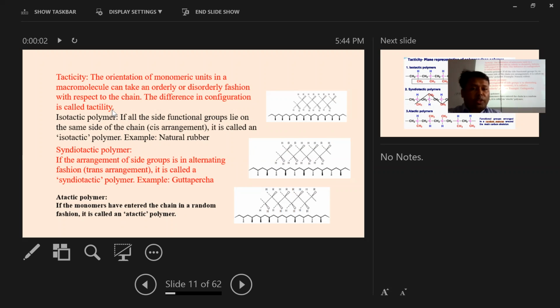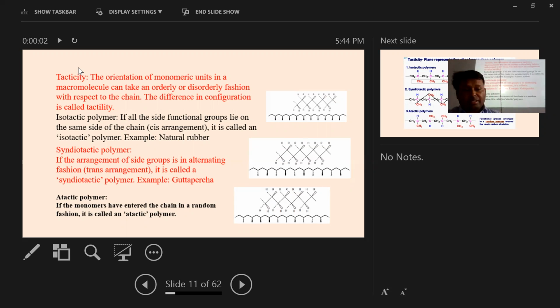And if you have isotactic, the word isotactic means similar orientation. So if all the side functional groups lie on the same side of the chain, it is called an isotactic polymer.